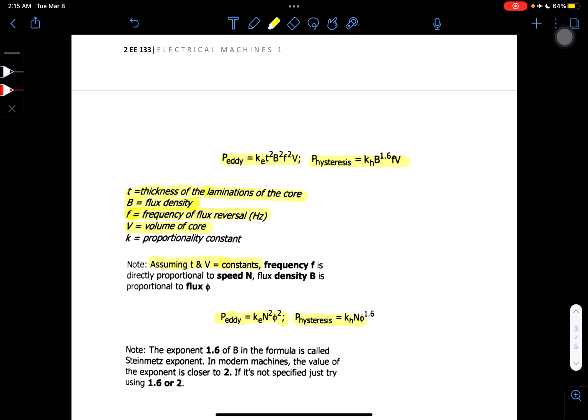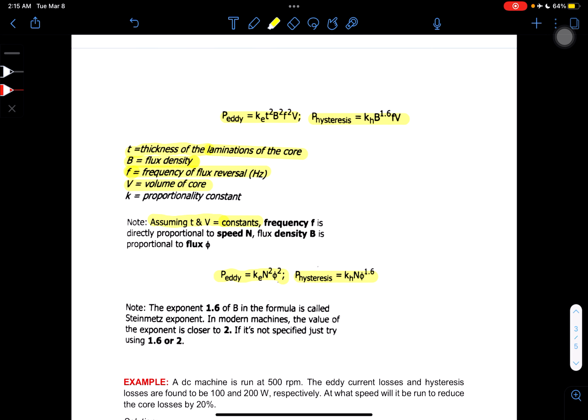And for hysteresis, we have a constant multiplied by the speed and the flux raised to 1.6. The exponent of 1.6 of B in the formula is called the Steinmetz exponent. So mapansin nato na may 1.6 sa hysteresis, so ang gitawag ana is Steinmetz exponent.